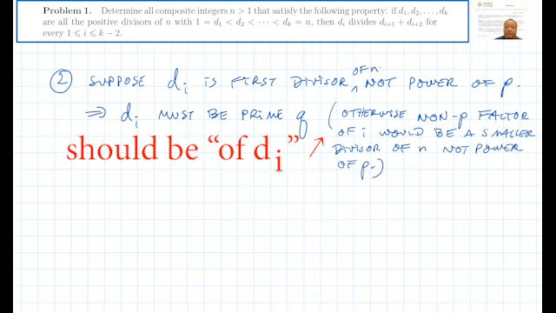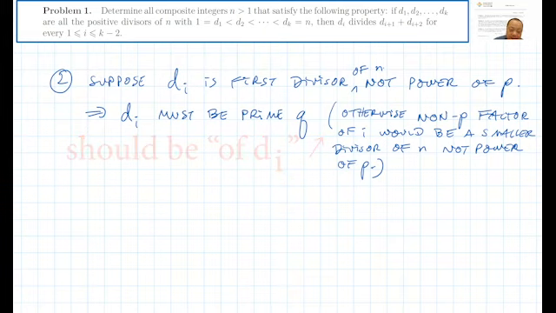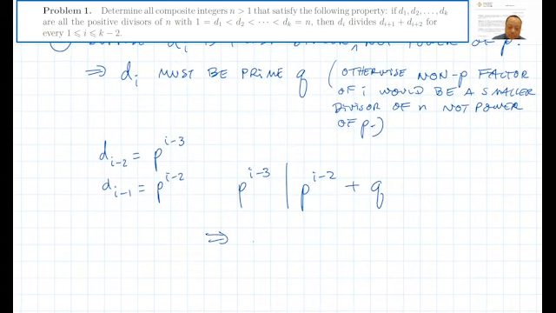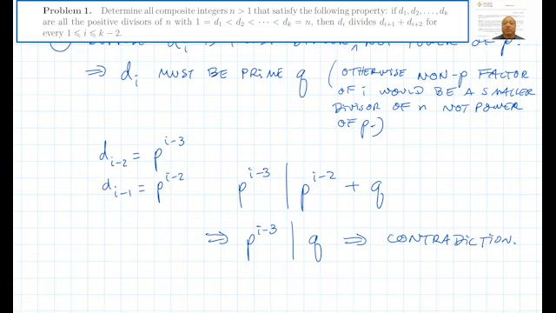So yeah, when I say divisor, I mean divisor of n. Well, then let's look at the d's that come before this d_i. Then you have d_{i-2} is a power of P, and this P to the power i minus 3 divides P to the power i minus 2 plus Q, which means P to the power i minus 3 divides Q, which is a contradiction.